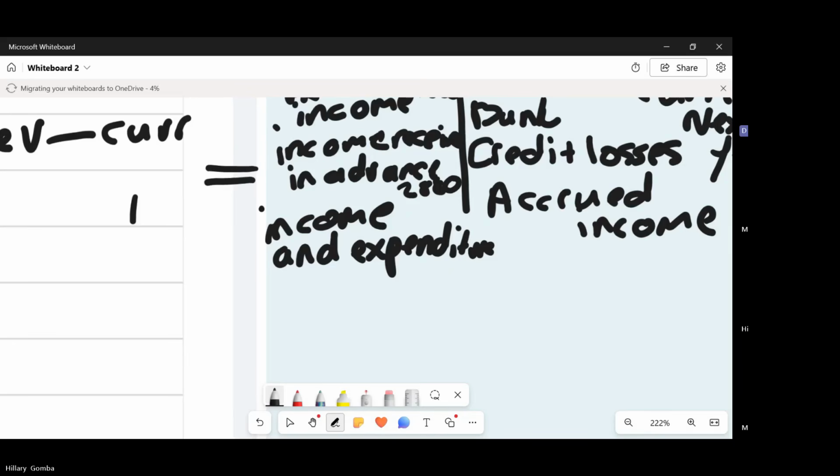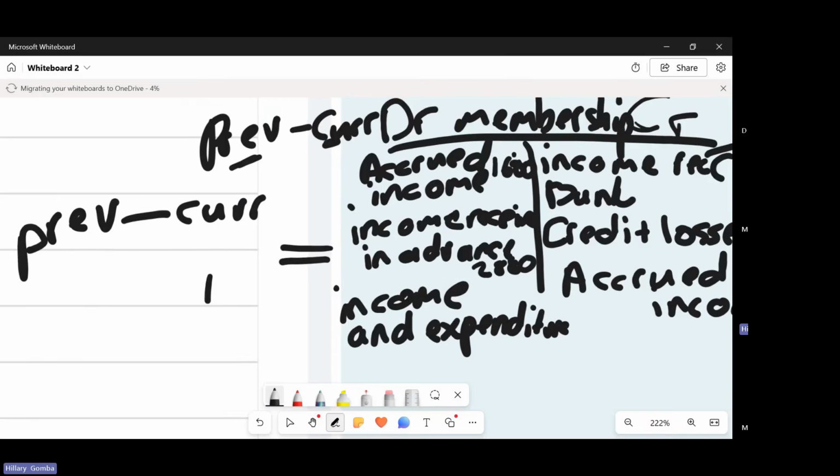So those that pay in 2026 for 2027 will be on the credit side. Yes, I think that makes better sense. Okay, we can move on. All right, perfect.